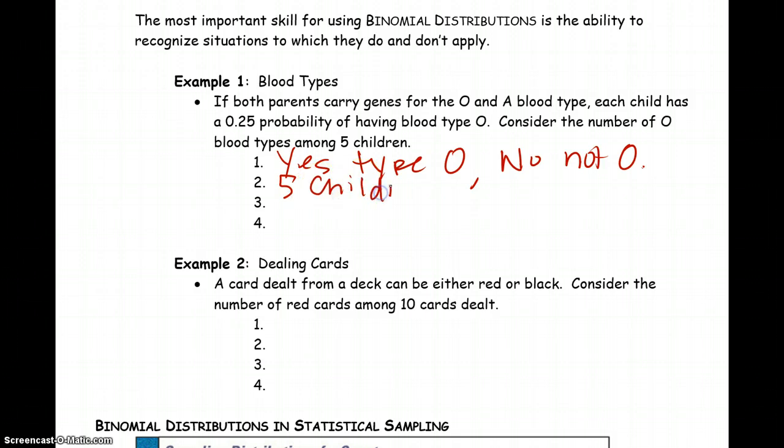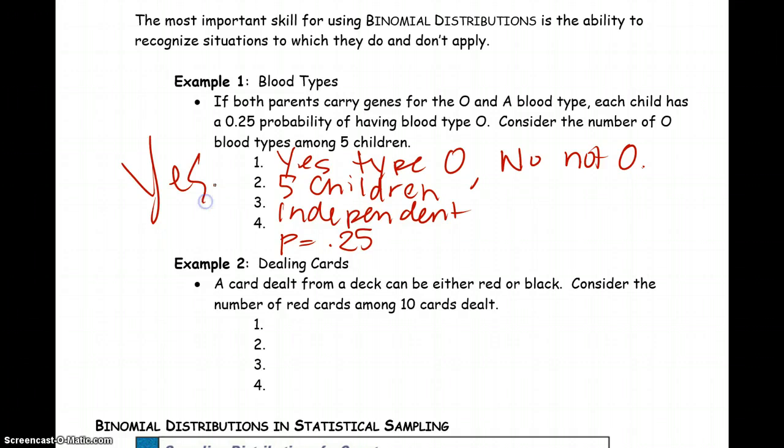We're only looking at those. Fourth criteria is that every child is independent, and that should be one child's blood type doesn't determine the next. And then the last criteria is that the probability stays the same, and every child has a 25% chance of getting type O. So this is a yes.